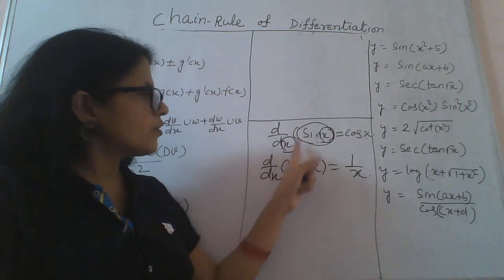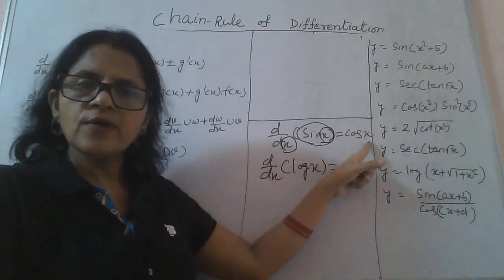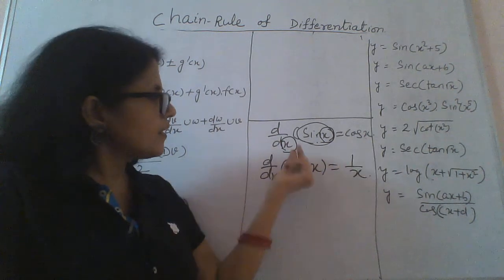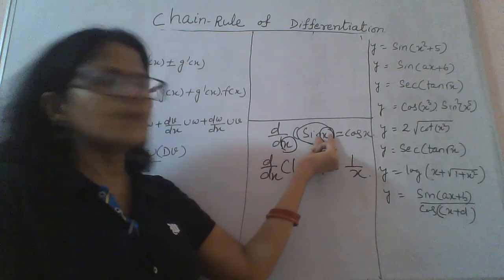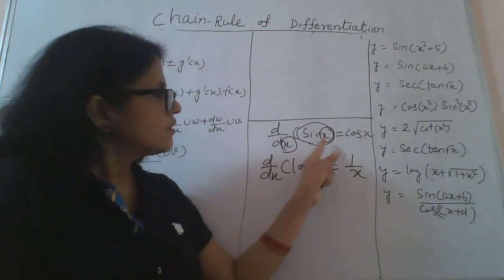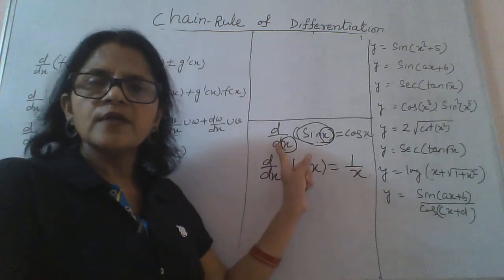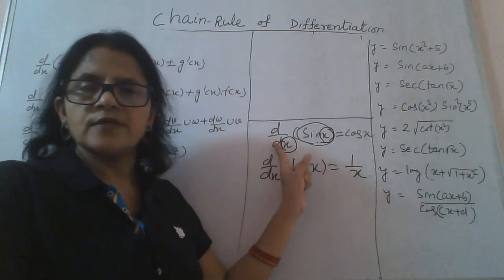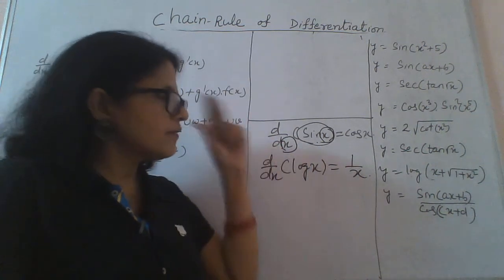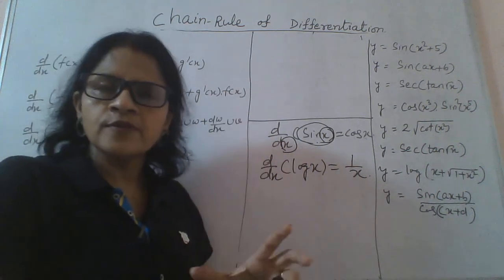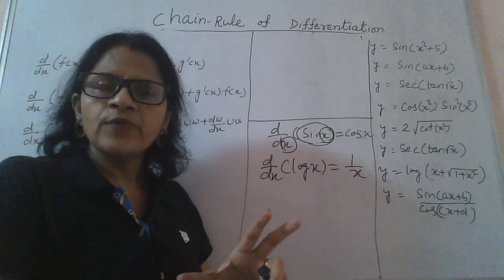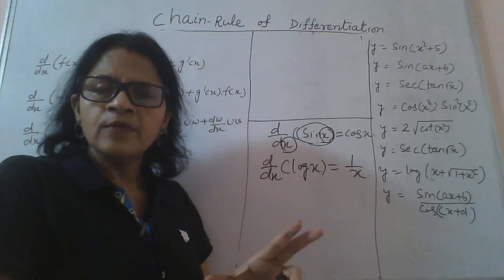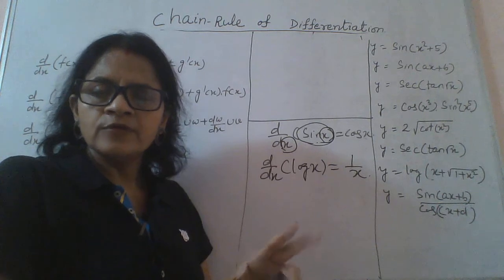d by dt of sin t will be cos t. So basically, you have to observe one thing: in all the formulas, we take a function of x and its derivative with respect to that. In class 11th, we studied simple functions, so we didn't have any problem. We had not even thought of it.